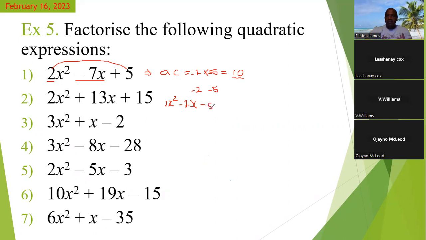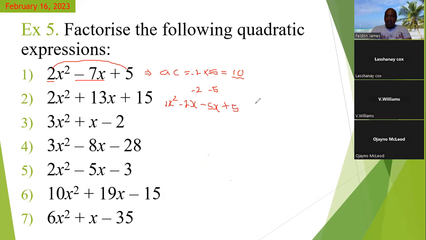We see when we add -2x and -5x, it is equivalent to -7x. So we can just take out the -7x, replace it with those two numbers that give you the same sum. And then by doing that, we put back the 5, and now we have a 4-term expression. So this now we would be able to factorize by grouping.